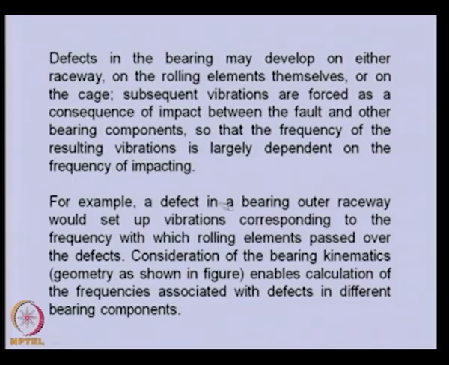For example, a defect in a bearing outer raceway would set up vibrations corresponding to the frequency with which rolling elements pass over the defect. Consideration of bearing kinematics and geometry enables calculation of these frequencies associated with defects in different components of the bearing.